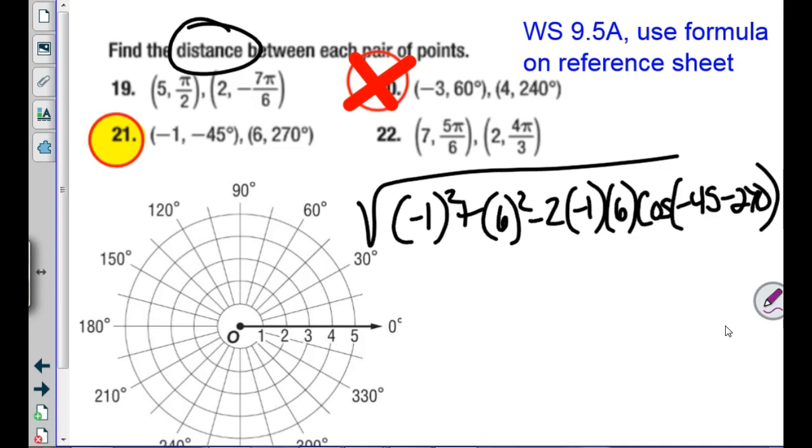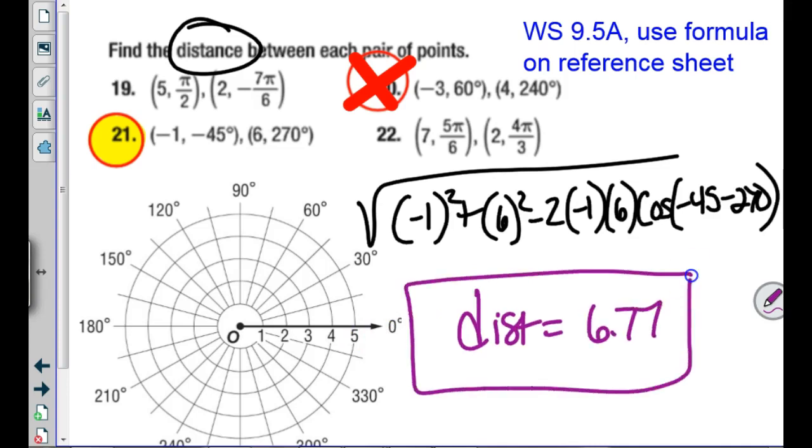Again, this one is in degrees. Make sure you're in degrees. I got 6.77 for the distance. Okay.